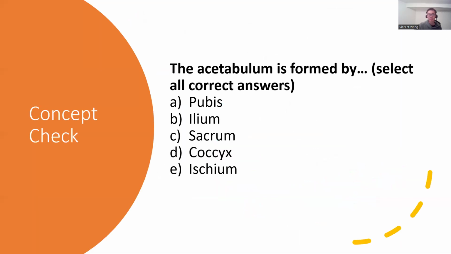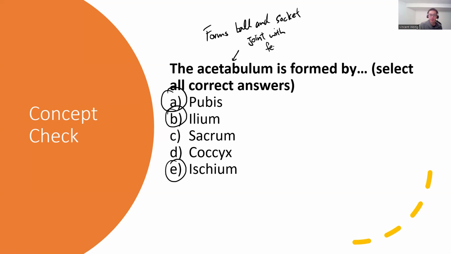All right. So pubis, ilium, and ischium. And again, just to write down forms, ball and socket joint with femur.